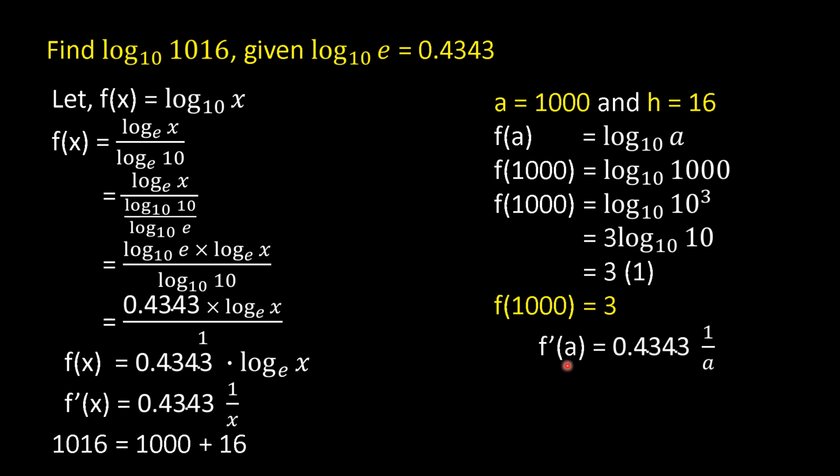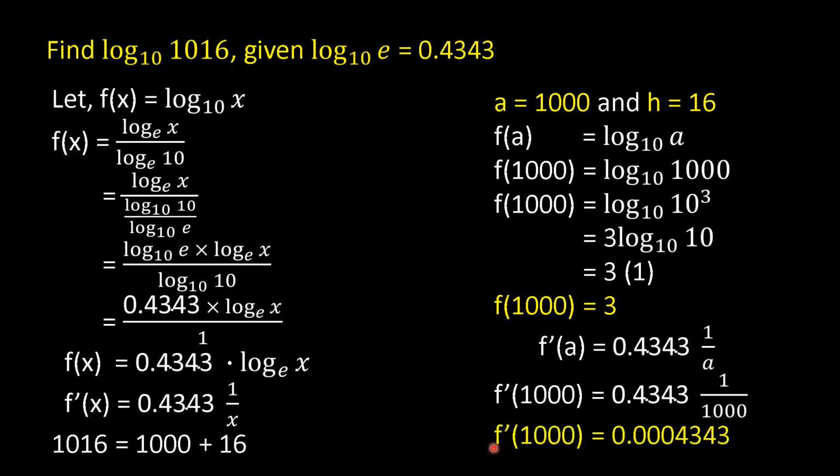Now f dash a will be 0.4343 times 1 divided by a from this. So f dash 1000 will be 0.4343 times 1 divided by 1000. So f dash 1000 will be 0.0004343.